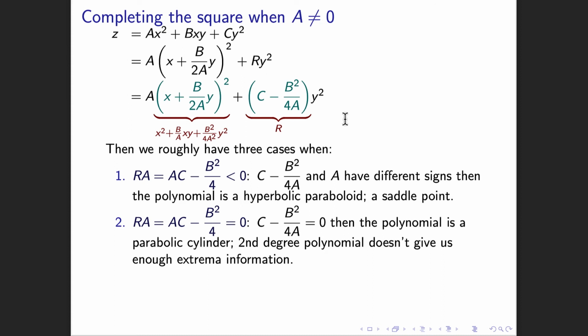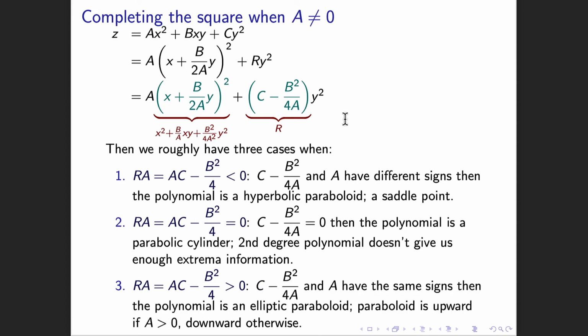So the second derivative test doesn't work. If the product of the two is positive, that means the signs of the two are the same. Then if the sign of A is positive, there is a paraboloid looking upward, and if the sign of A is negative, then there's a paraboloid looking downward.